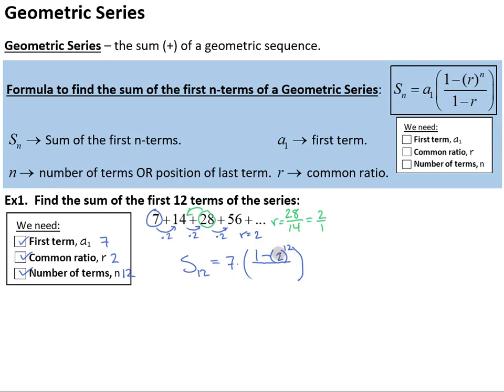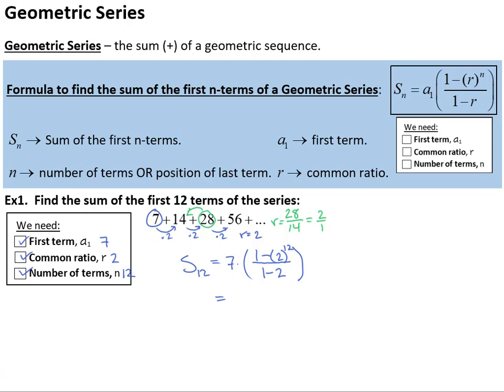So it's r, which is 2, to the n power, which is the 12th power, because we're finding 12 terms, over 1 minus r. Okay, now this is a lot of stuff to compute by hand. You could do that, but let's not, because we're going to make fewer mistakes if we don't.